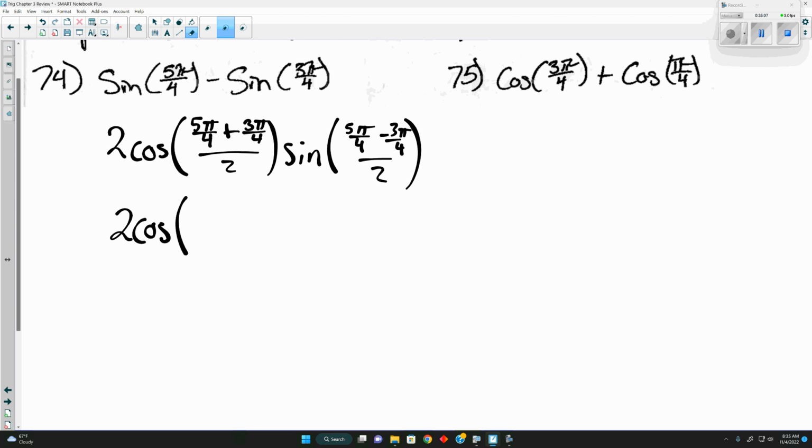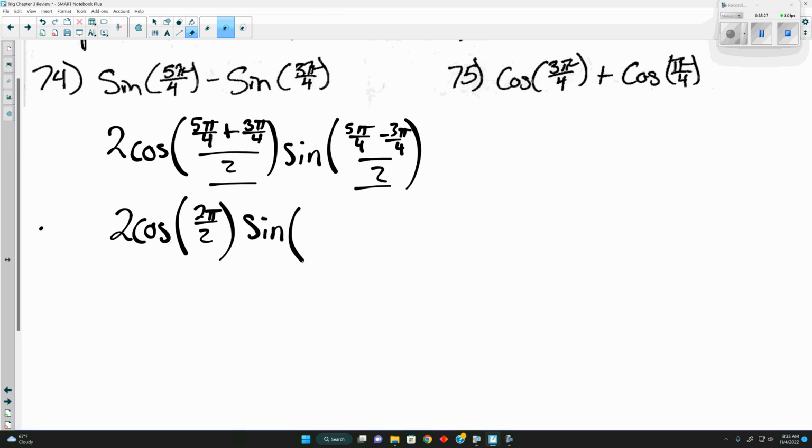And again, when I was working these out, I just ended up typing those into the calculator and letting it do it for me. Because this here ends up being 8 pi over 4, which is 2 pi over 2.